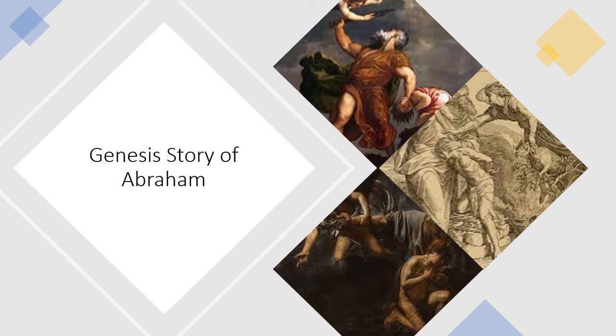And in fact, they have versions of this story. So the story that's found in Genesis is considered orthodox to both Judaism as well as Christianity. In Islam, they have a similar story to this, but instead of Isaac being the chosen son, it's actually Ishmael who is the chosen son.